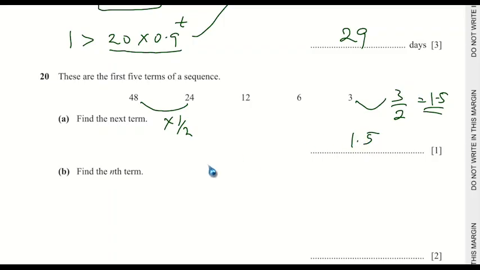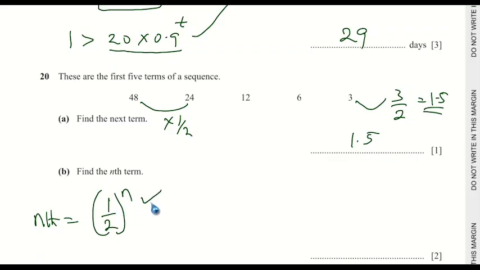Now find the nth term. Since we know that the term to term rule is multiplied by half, what we're going to do is write 1 over 2 and take it to the power of n. We assume that this is the nth term. Now when n is 1, let's see if this is sufficient.